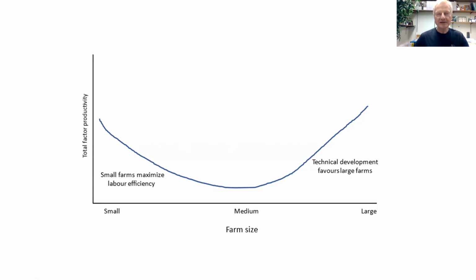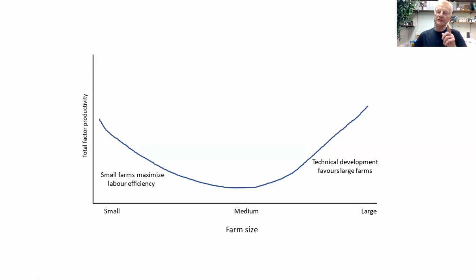And so this leaves us with this theory of U, where total factor productivity is highest on very small farms and on very large farms. And farms in the middle are the ones that can't afford all the technology that the larger farmers have.